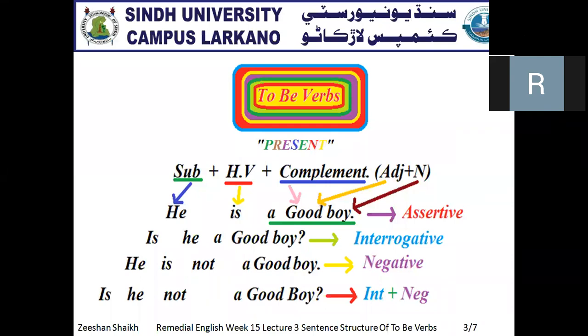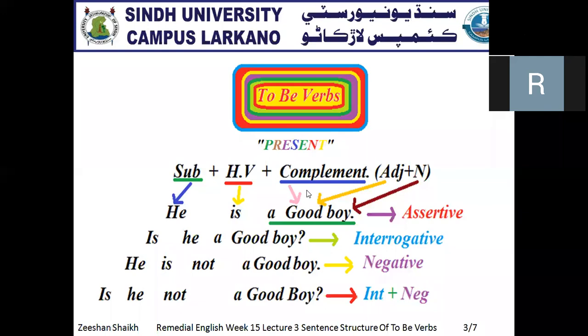Now just come towards the sentence example. He is a good boy. What is he? He is the subject. Everybody knows that with the subject he, we use the helping verb is. So now is the helping verb, and the complement.